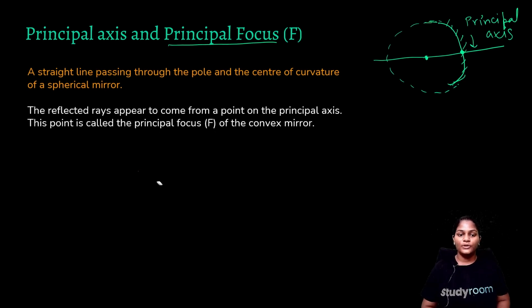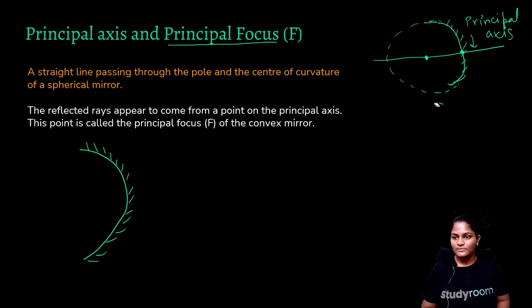Now we are going to see why we define the principal focus of the concave and convex mirror like that. Let us consider a concave mirror first. I'm just going to have these two diagrams up here for you. This sphere where the outer surface is shaded is for which mirror?